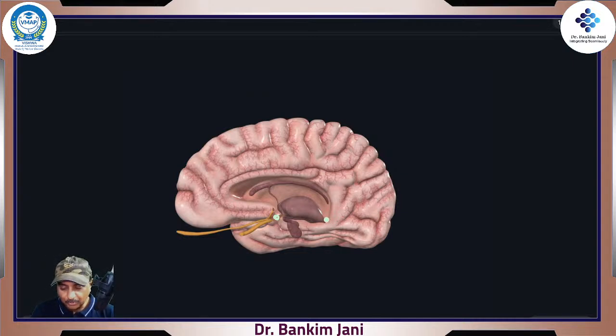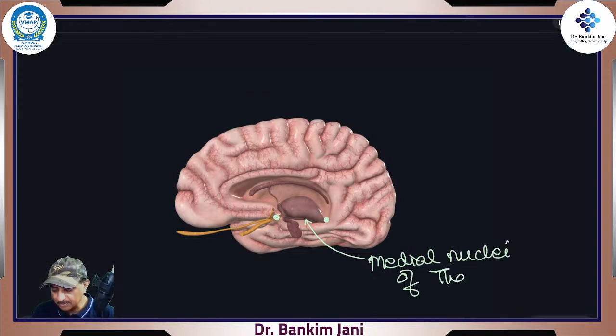So if we really want to divide the whole thing, this one, which is just underneath, that is the medial nuclei of thalamus. So it means this thalamus is having multiple nuclei.